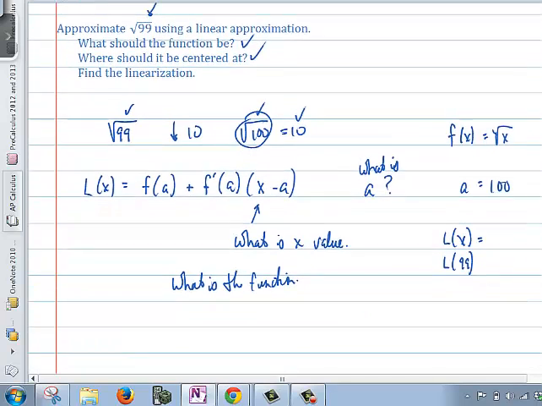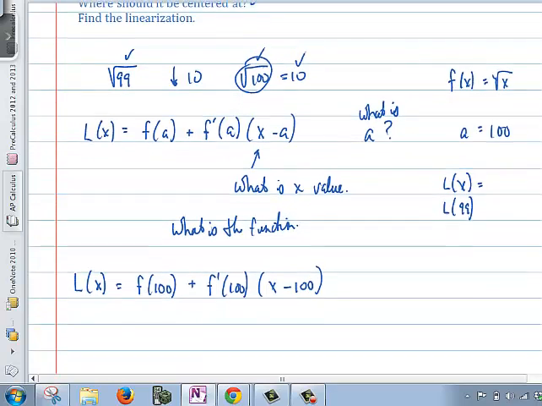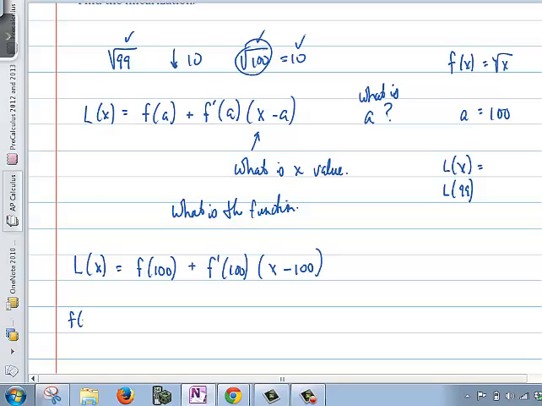So using the information we had from before, we're going to find the linearization function first. We're going to find f at 100. We're going to find the derivative at 100. And we're going to use our a value, our center point value, to be 100. So doing a little bit of calculus, since our function is equal to root x, I know my derivative is equal to 1 over 2 root x.